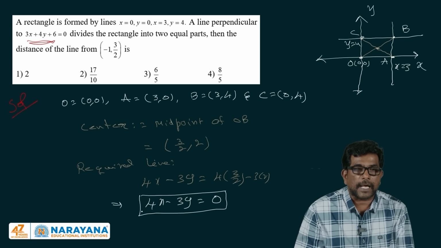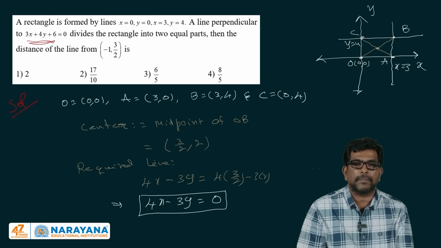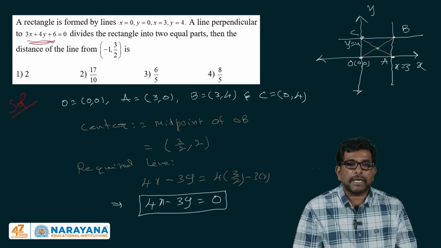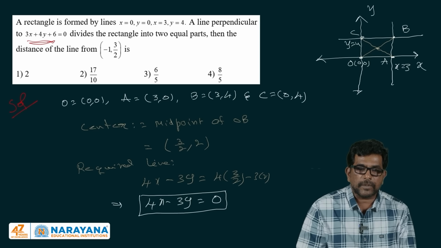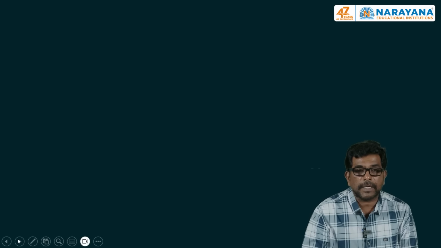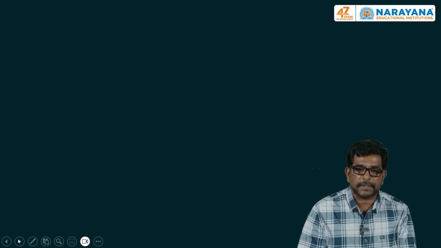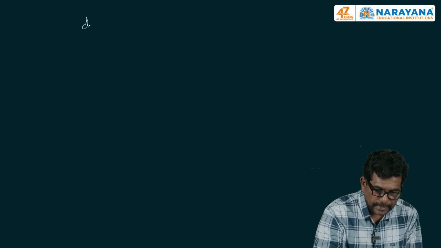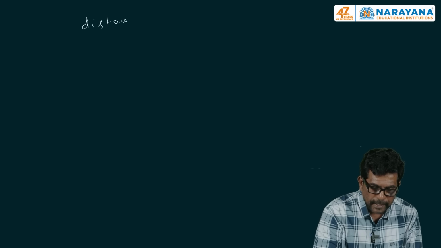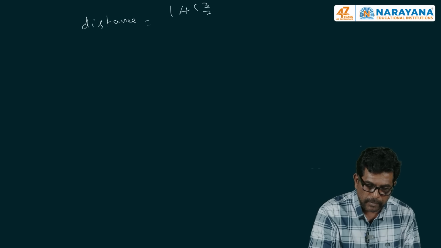Now, for this line, we are going to find the distance from the point (-1, 3/2). It involves the perpendicular distance formula. As we know, the perpendicular distance to the line ax plus by plus c is mod of ax1 plus by1 plus c upon square root of a square plus b square. So the required distance is equal to mod of 4 into the x coordinate.